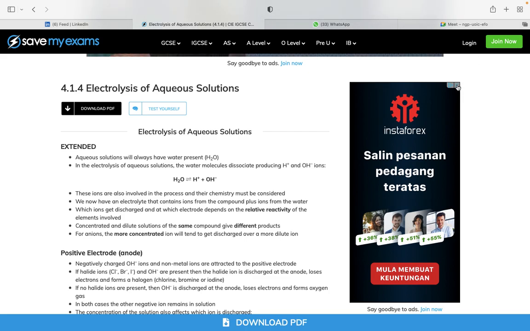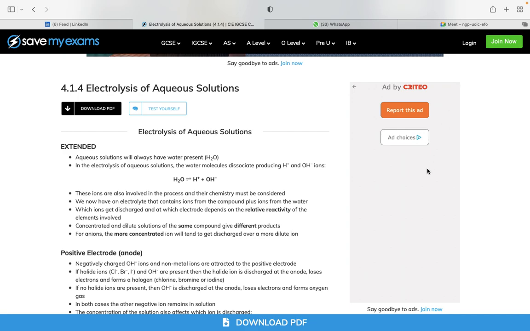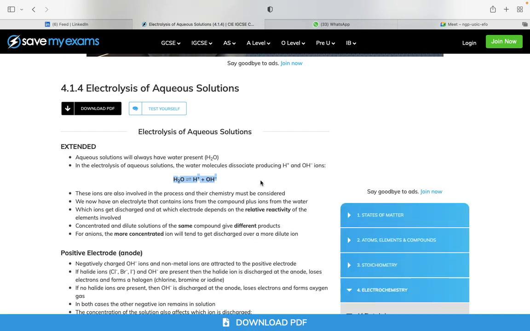When you bring electricity to it, it will dissociate into ions reversibly. So it will break into two ions, the proton ions, the hydrogen H plus and the OH ion, OH minus.